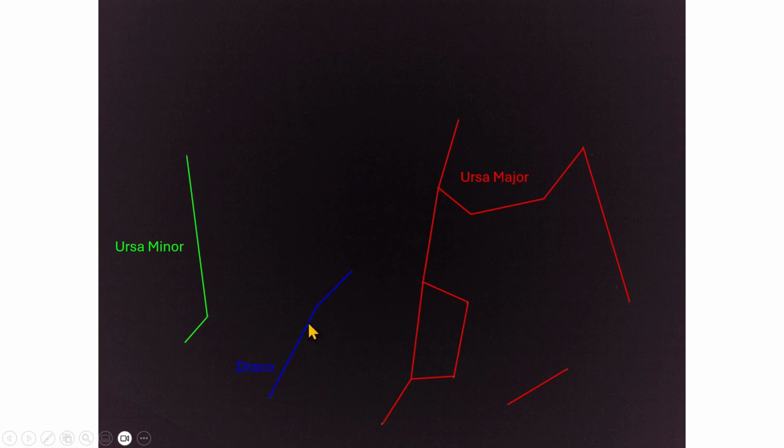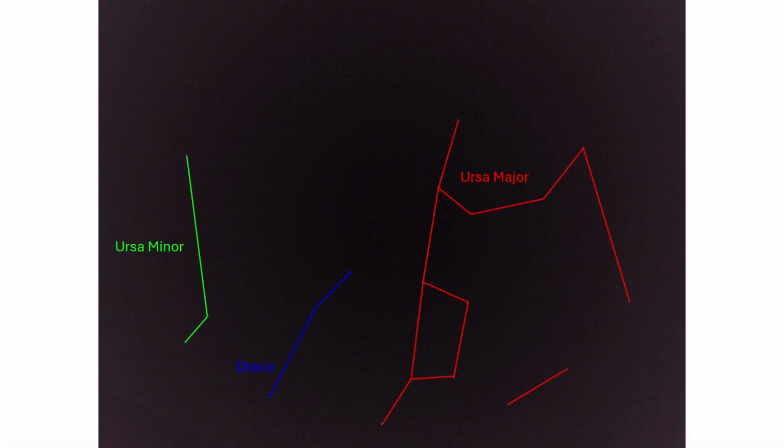We've got part of Draco, which goes off there, and part of Ursa Minor there. You can see they kind of correspond. Yeah, if I flick them on and off, you can kind of see where they correspond. Then that would make this star over here Polaris. I think there is another pale star quite close to it, but I think that one's Polaris.